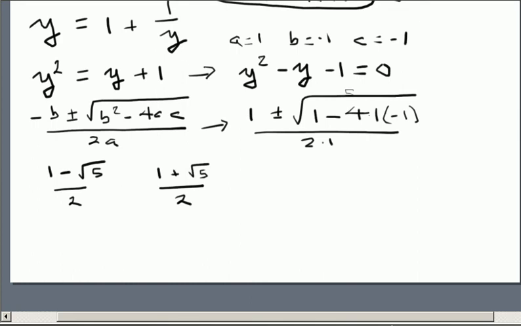Now 5 is bigger than 4. So the square root of 5 is definitely bigger than 2. That means that this is 1 minus something bigger than 2, which means it's a negative number. And that can't be, because we said it had to be bigger than 0, or bigger than 1. So the other answer is 1 plus the square root of 5 over 2.